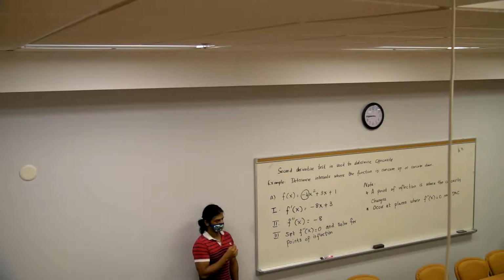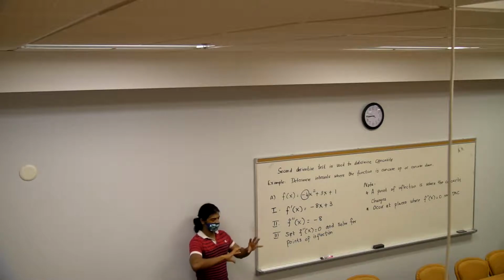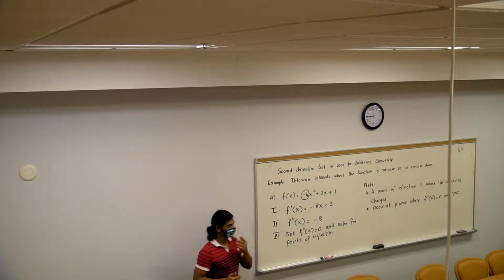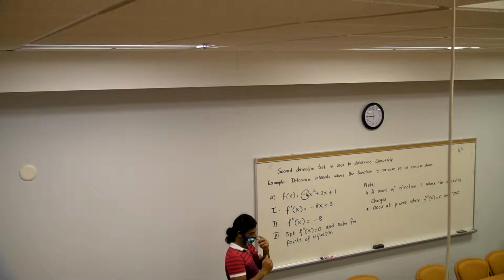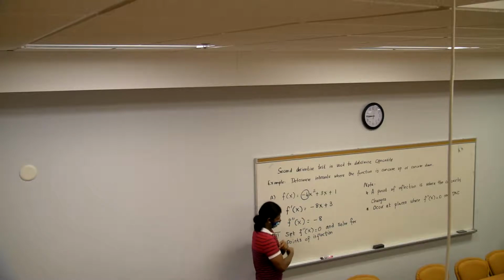At the minimum or maximum? No, the concavity. So it has to move from up to down or down to up. It doesn't change because it is a parabola and it is always concave down. There isn't a place where it's going to flip from up to down or down to up.